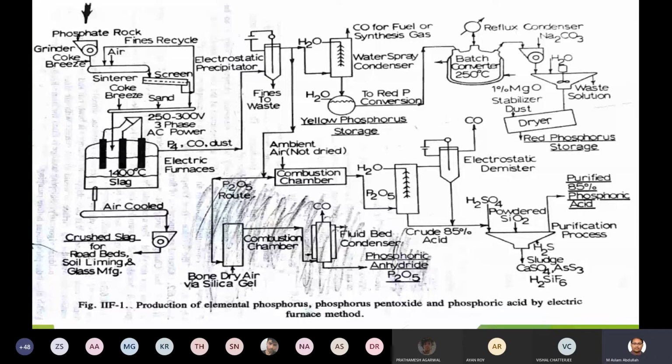Then the reaction will happen between the oxygen and phosphorus vapor, so obviously you will get phosphorus pentoxide. Now the question is, at what temperature is this reaction between phosphorus and oxygen for the conversion to phosphorus pentoxide happening?